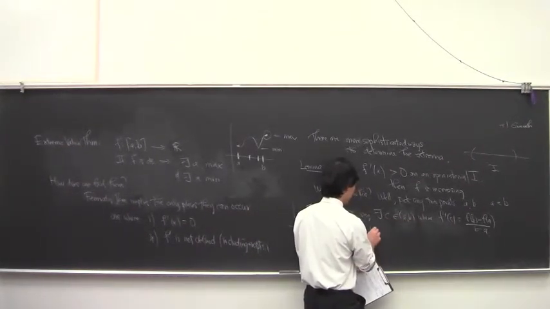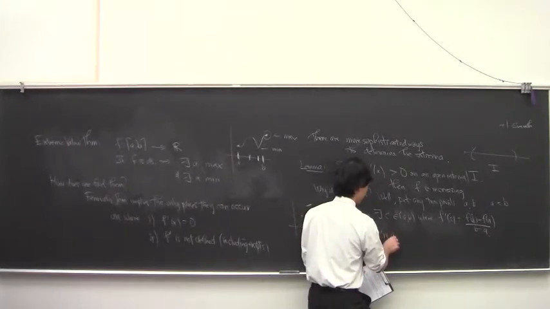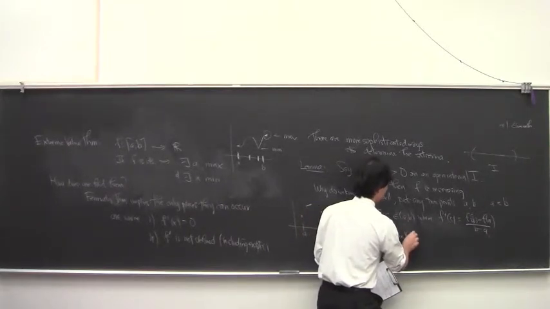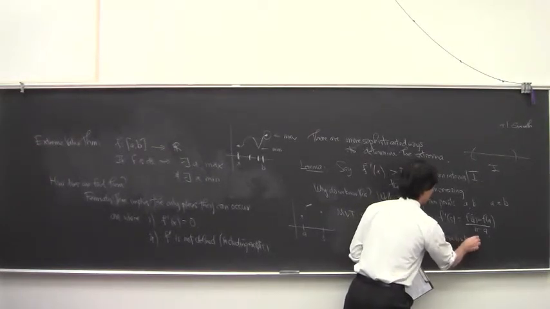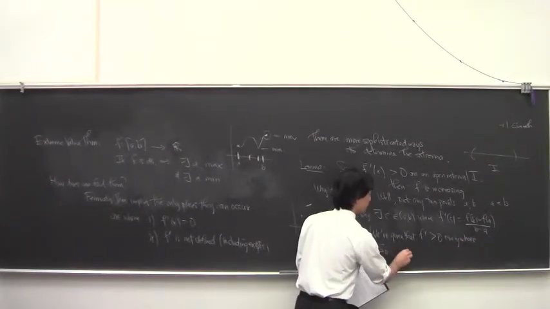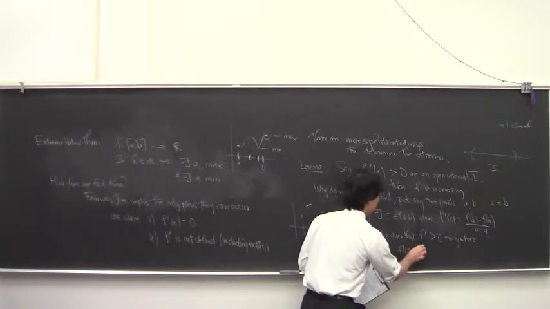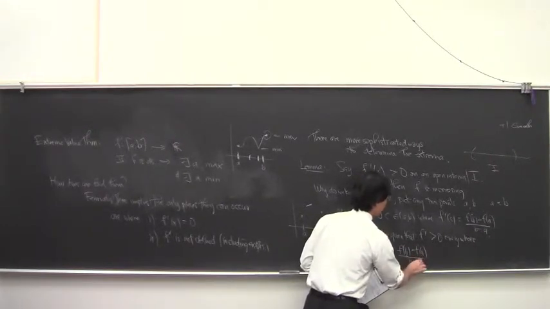But we are given that f prime is positive everywhere. So f of b minus f of a over b minus a is positive.